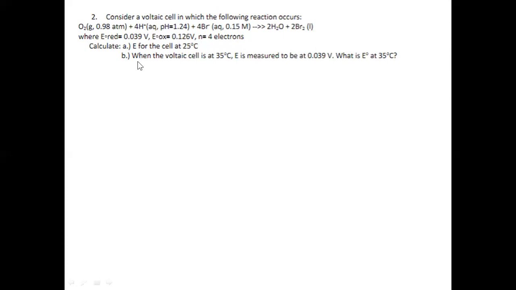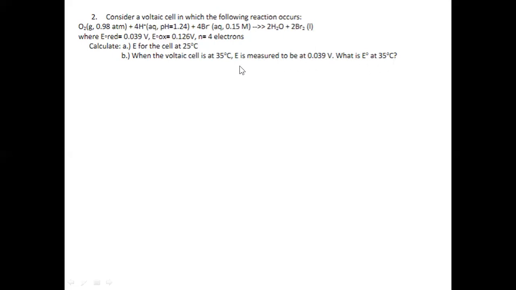And for letter B, when the voltaic cell is at 35 degrees Celsius, the cell voltage is measured to be 0.039 volts. Now we are going to calculate the standard voltage at 35 degrees Celsius.